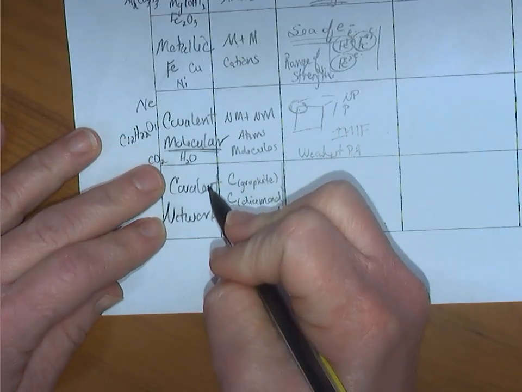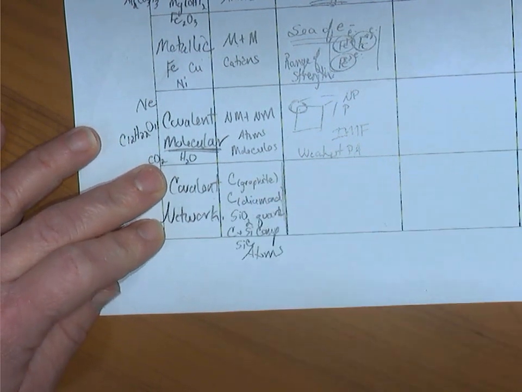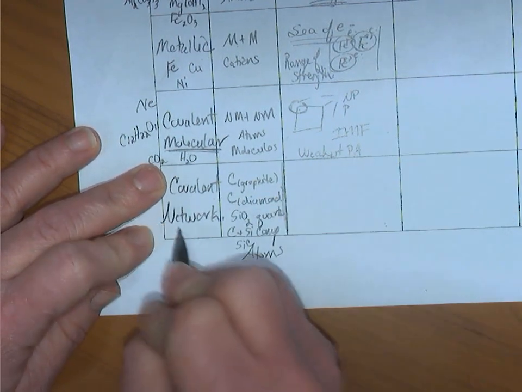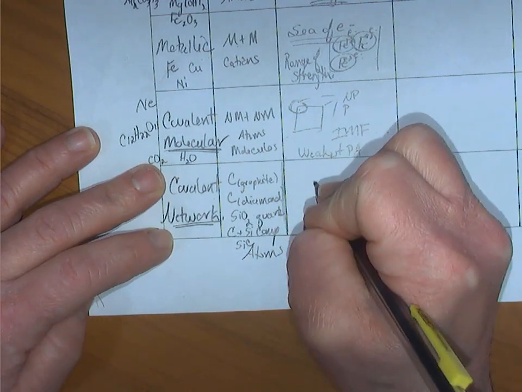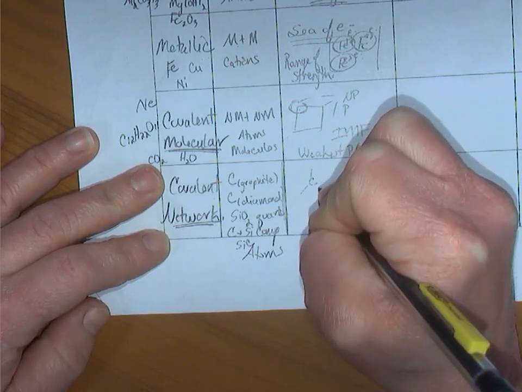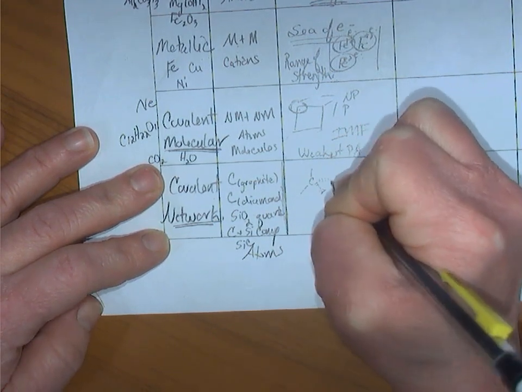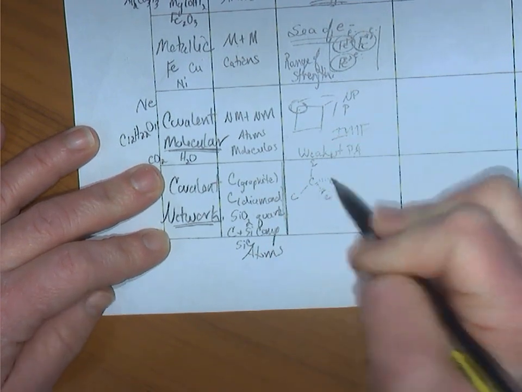So what makes covalent network so wonderfully unique? Well, it's called network for a reason. For example, in diamond, every carbon atom is bonded to 4 other carbons. And carbon is relatively small.